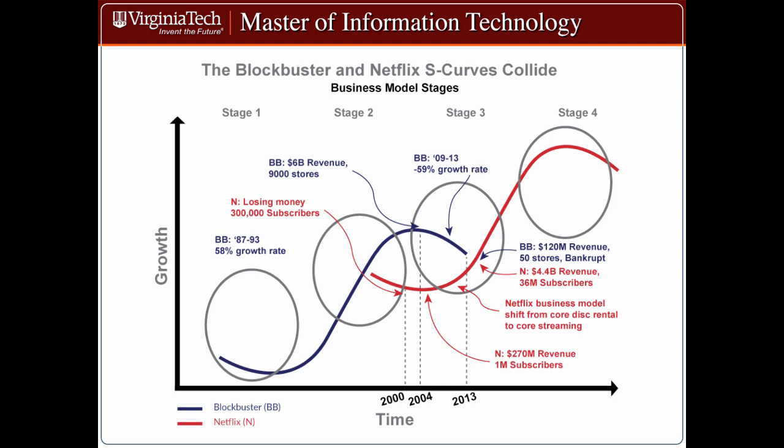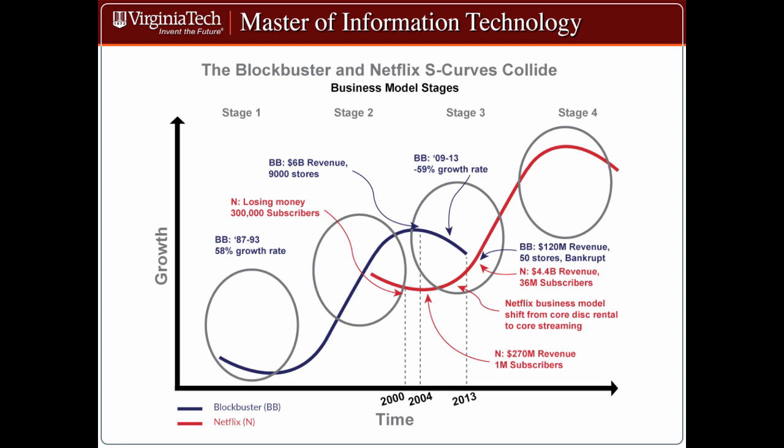If we look at the curves here, they're actually quite interesting, because Blockbuster, the blue line, was doing quite well up until about 2002, 2003. And then things started to change, and the overall rate of growth started to decline. At the same time, you see Netflix going through its core growth, kind of at the bottom of the S-curve.